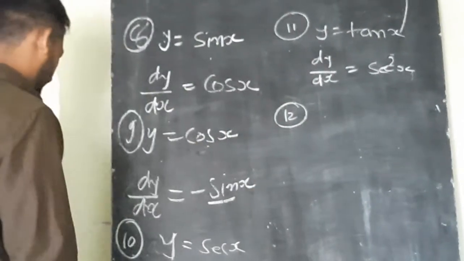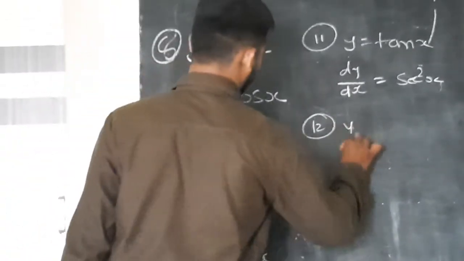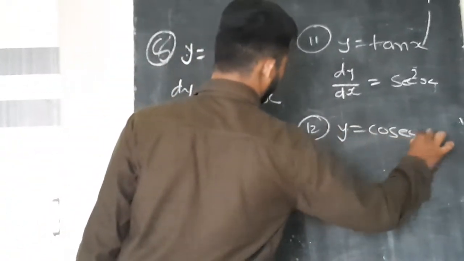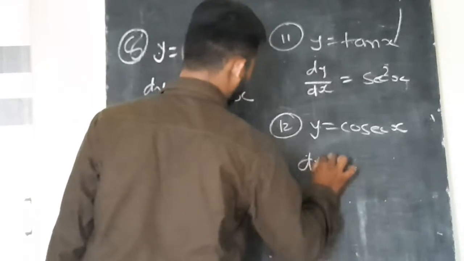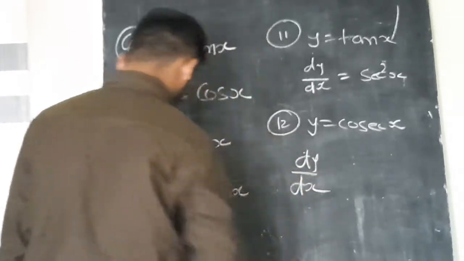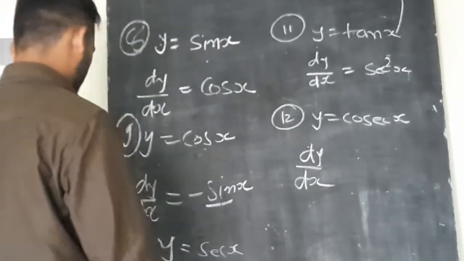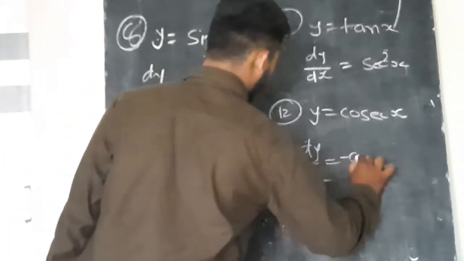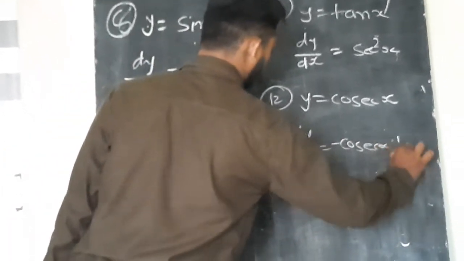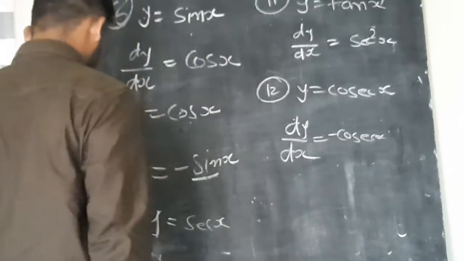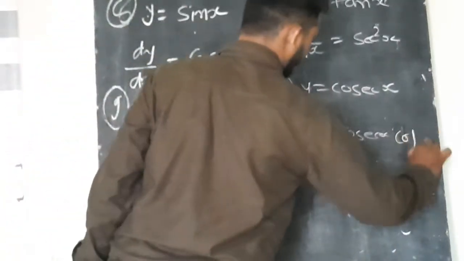So equation number 12 is y is equal to cos x. So dy by dx of cos x is equal to minus cos x into cot x. Okay, minus cos x into cot x.